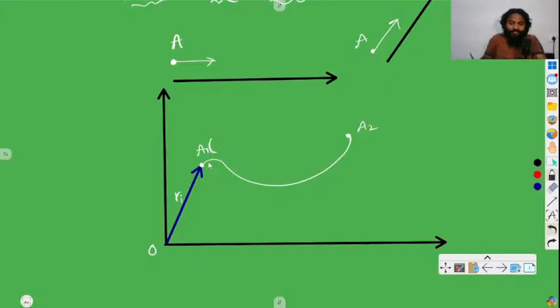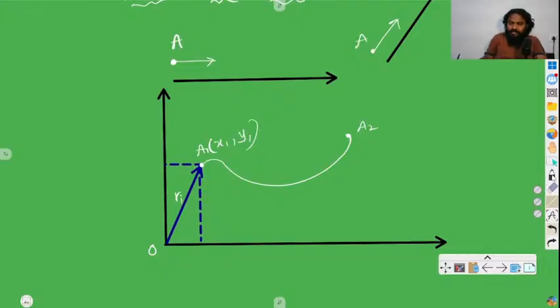For example, if this particle is at x1 comma y1, what is the meaning of x1 comma y1? If you observe, from the origin on the x-axis, and also the value of the same particle on the y-axis.